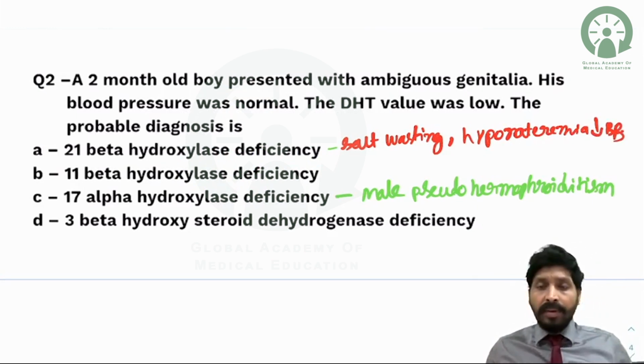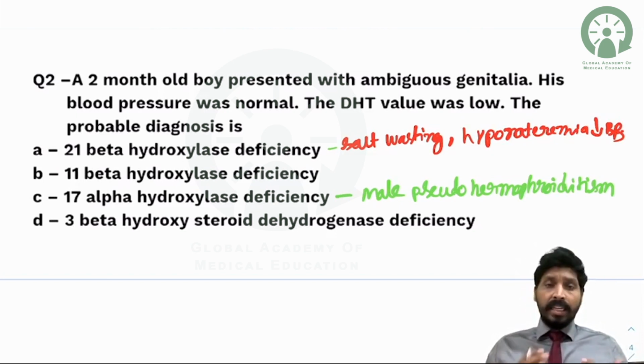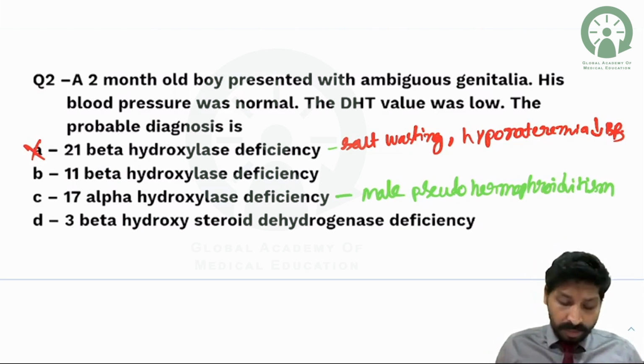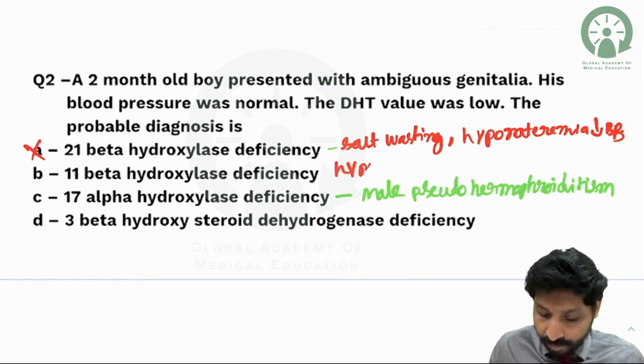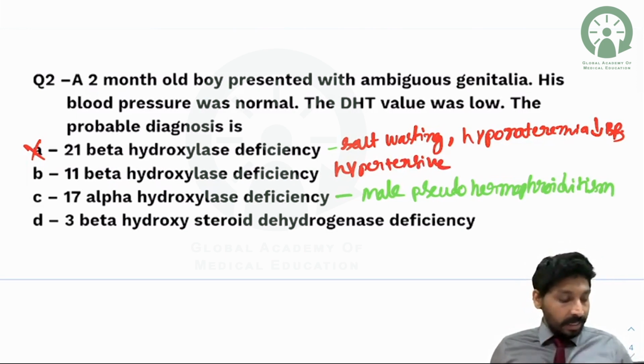Here what they have given is BP is normal, but in 21 beta hydroxylase deficiency, it is a salt wasting form. Hyponatremia is a key feature, and decrease in BP, so that's why it is a wrong option. And in 11 beta hydroxylase, this is a hypertensive form. This is hypertensive. So that means hypernatremia you can make out. Okay, and in 3 beta hydroxy steroid, salt wasting you can make out.